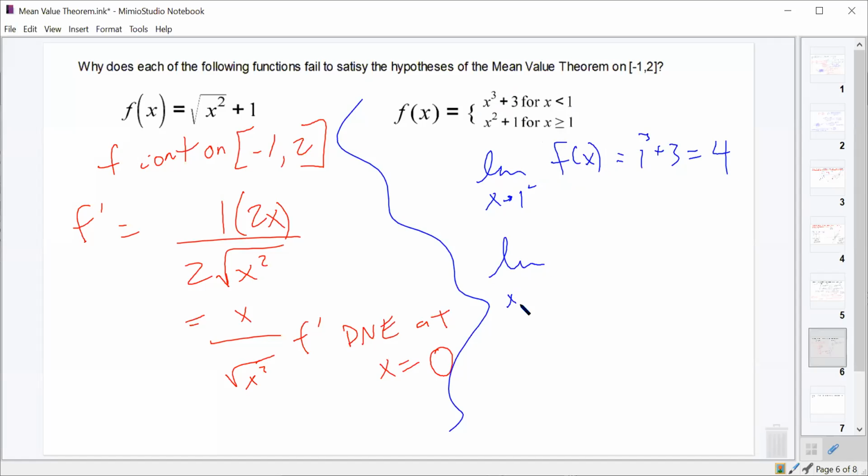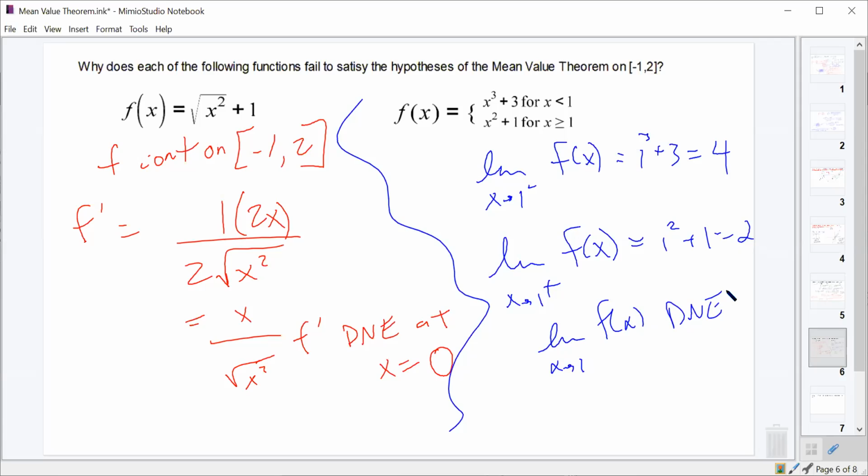And what about as we approach 1 from the right? That'd be x squared plus 1, which is 2. And if the limit from the left doesn't equal the limit from the right, that tells us that the limit as x approaches 1 of f of x does not exist.